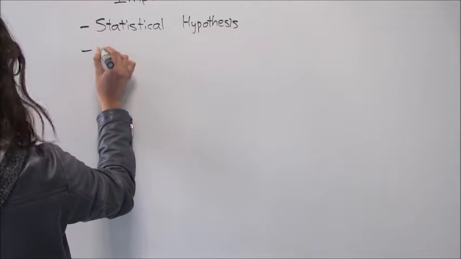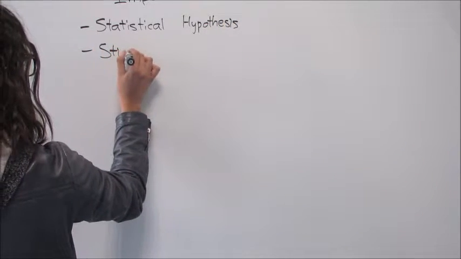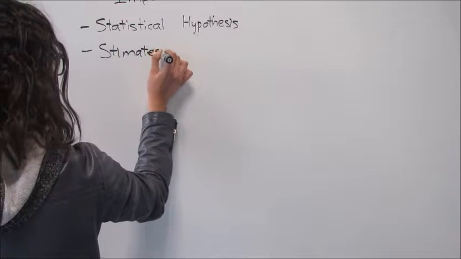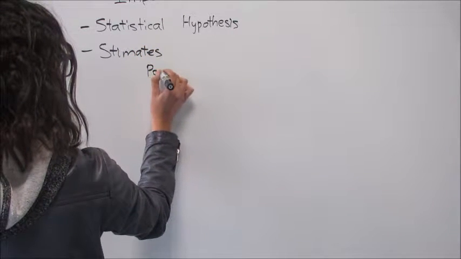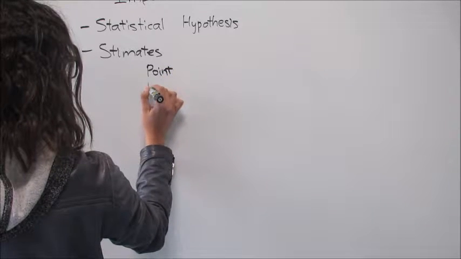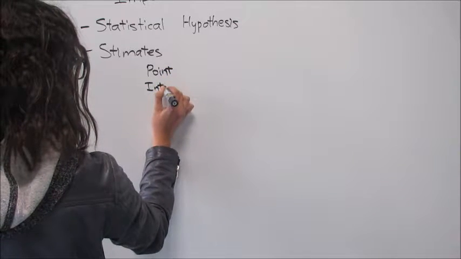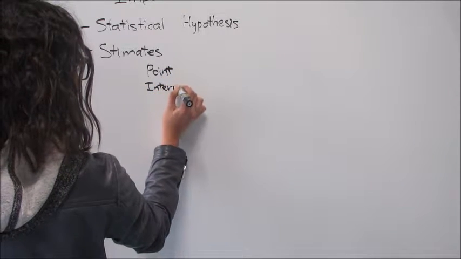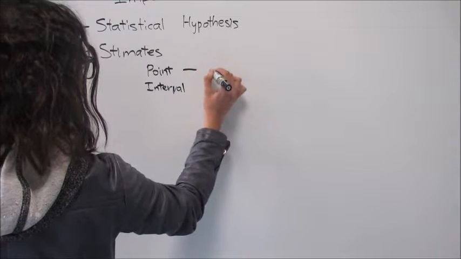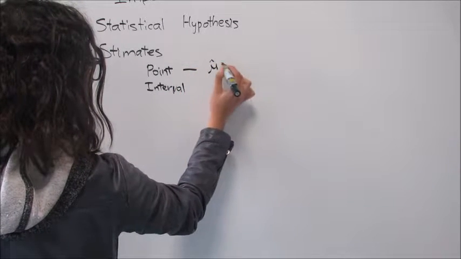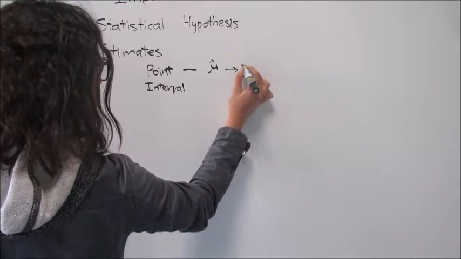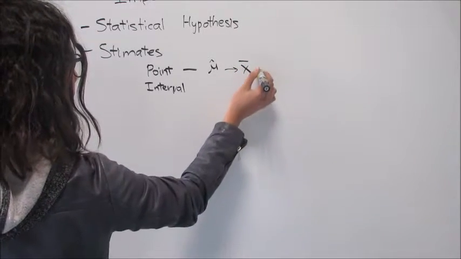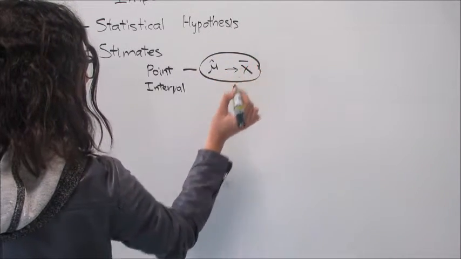To test the statistical hypothesis, different estimates are used depending on what we want to test and the available data. An estimate is a statistic which estimates the specific value of a parameter and can be of two types, point or interval. For this test, we are going to work with means, which are point estimates of a normal distribution.